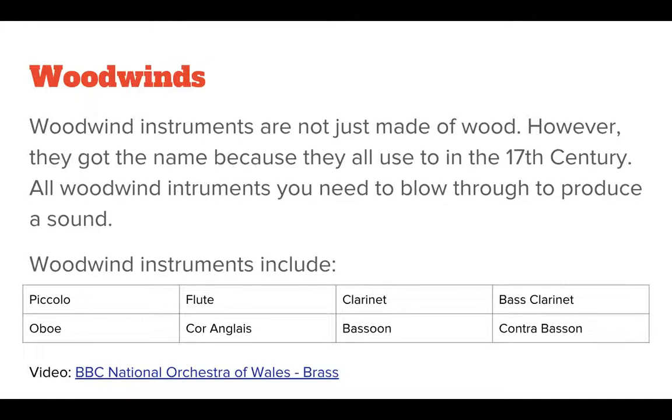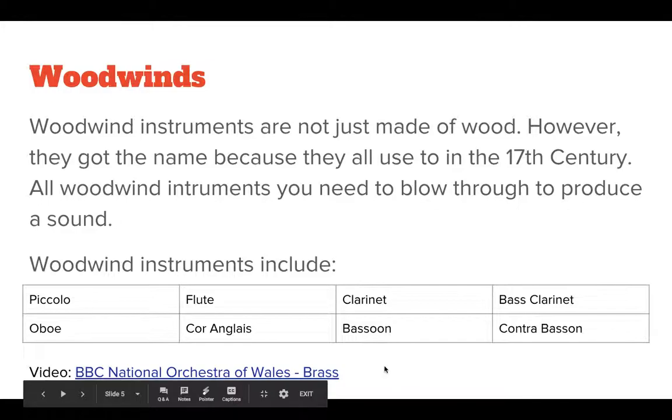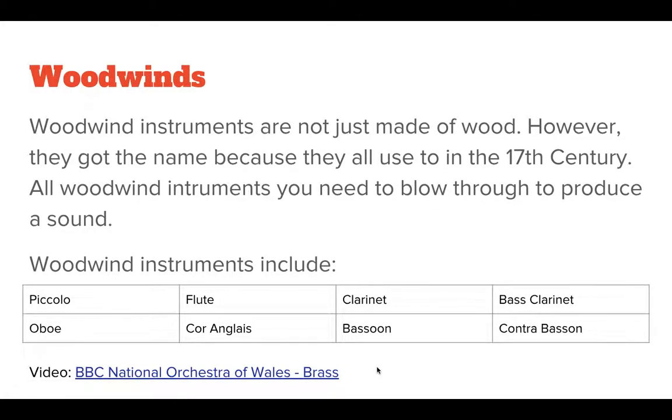Then the oboe and the cor anglais, which are very similar, the cor anglais being lower. And then there's the bassoon and the contrabassoon, the very, very deep instrument from the woodwind family in the orchestra. You can get an understanding of what they sound like when you have a look at the video linked below.